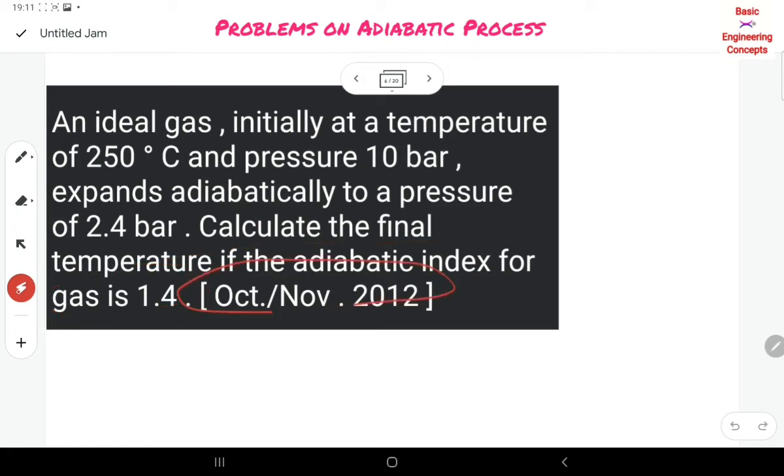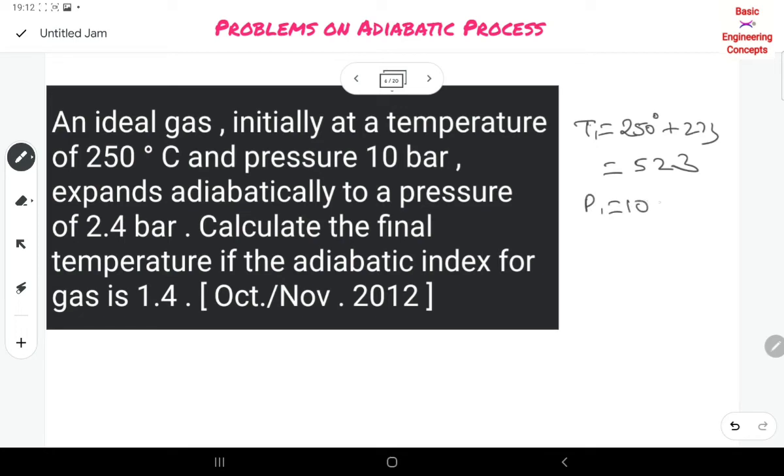This problem is also from the previous question paper. Here, for the ideal gas, the initial temperature T1 is equal to 250 degrees C plus 273, that is 523 K. Pressure P1 is equal to 10 bar, that is 10 into 10 square, 1000 kilonewtons per meter square.